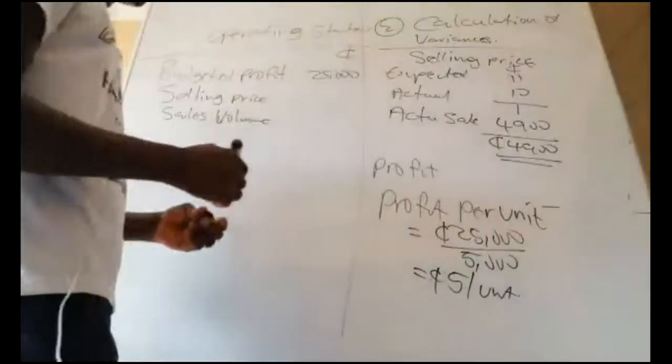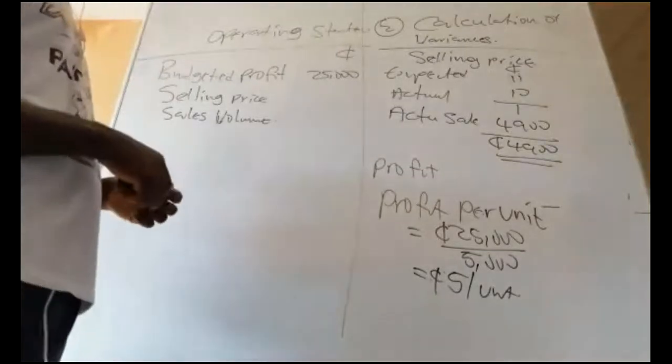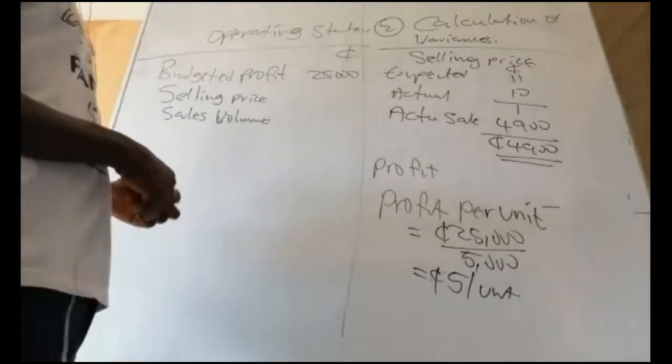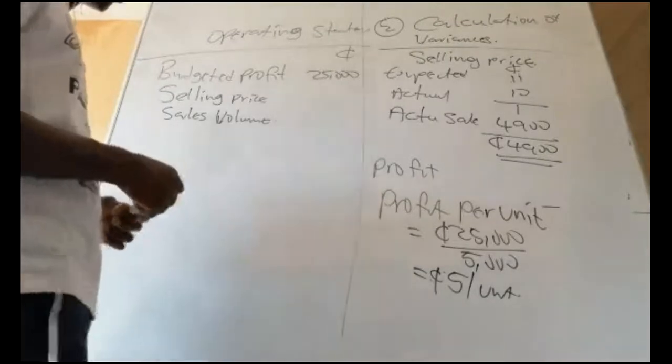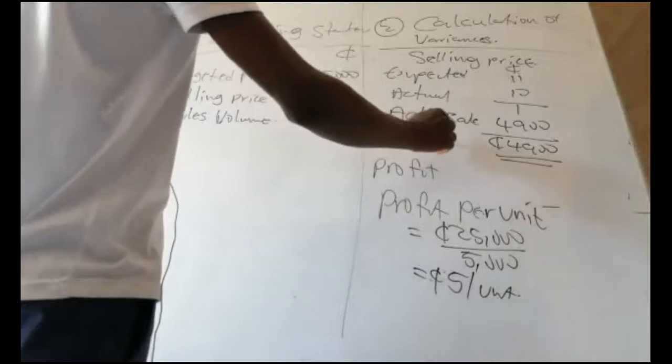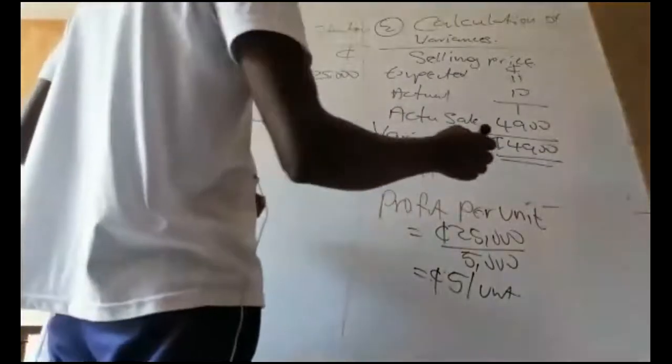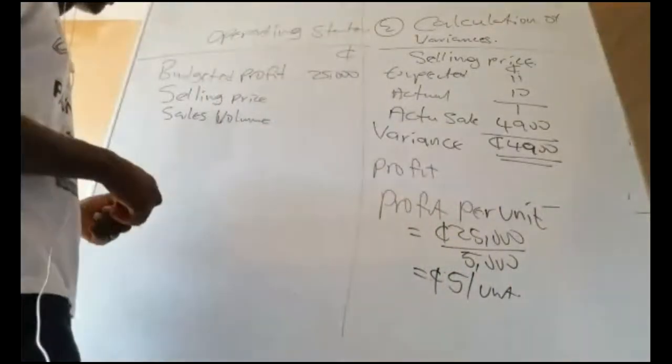So here it will be favorable. Okay, this is a revenue variance. With revenue variance, it should give us adverse because the actual selling price was lesser than the expected.